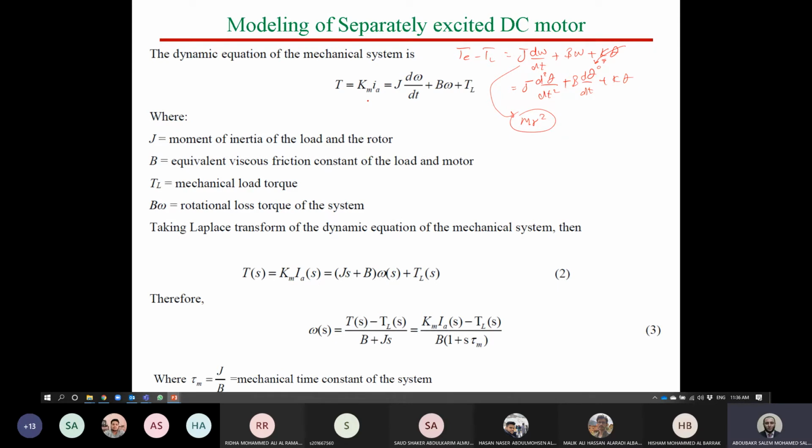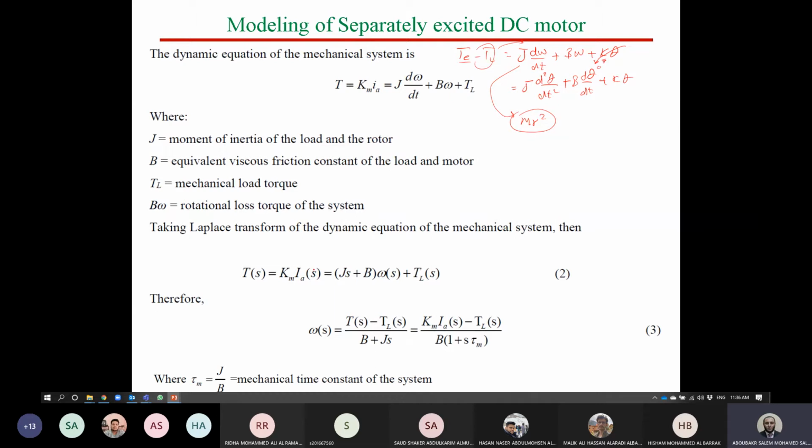If you apply this to our motor here, you will find that T electric equals Km Ia, and TL is moved to the other side with positive sign. So the equation is J d omega by dt plus B omega plus TL.